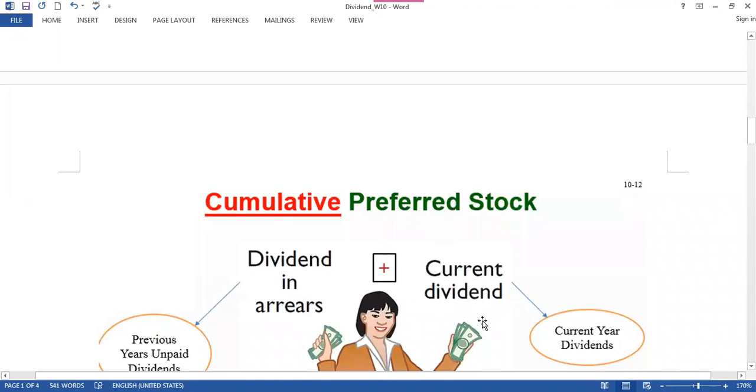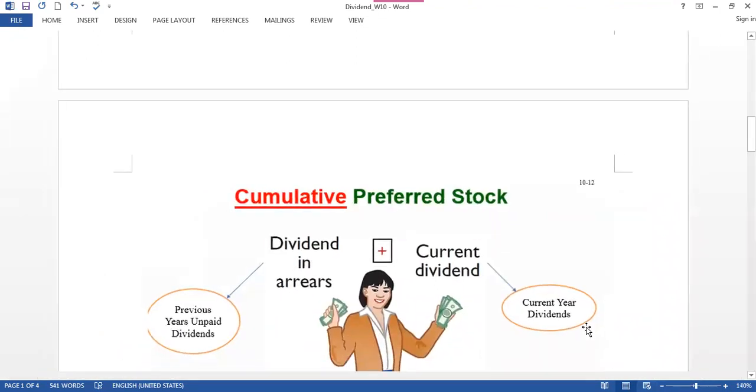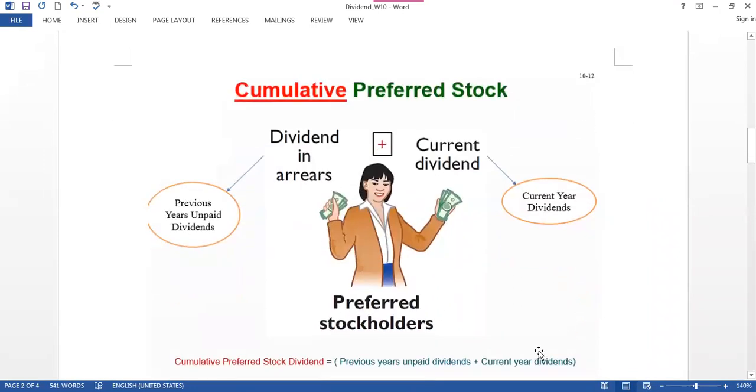So this picture is about cumulative preferred stock. Try to understand the picture here. This lady first belongs to which group? This lady first belongs to the preferred shareholders group, right? Then her second identity is cumulative preferred stock.